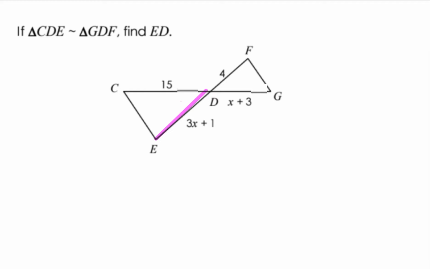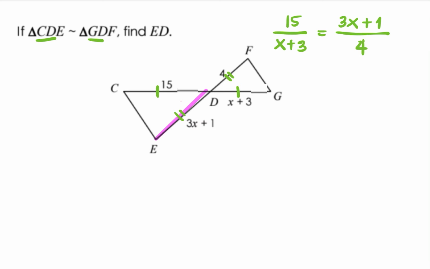So I'll start with CD, which corresponds to GD. So 15 over GD, which is x plus 3, equals, and then the next one we should be using is ED, which is 3x plus 1, over DF, so 4.